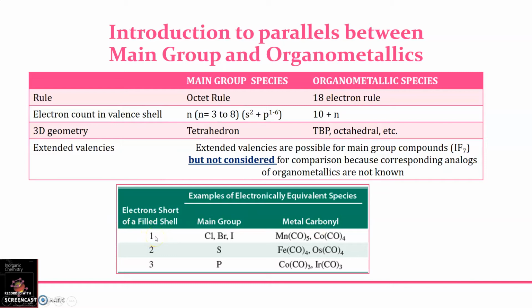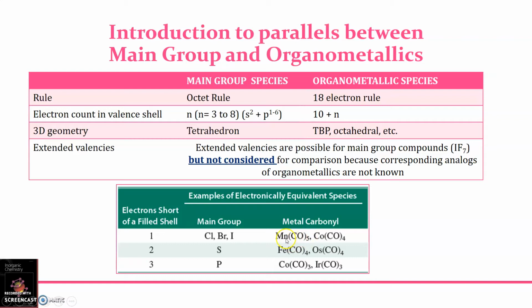If there is one electron less in the final shell, then in the main group this corresponds to Cl, Br, I. So one electron less means 7 electrons. So chlorine, bromine and iodine all have 7 electrons. When we come to the metal carbonyl, then we have to consider the 17 electron species. All these are 17 electron species.